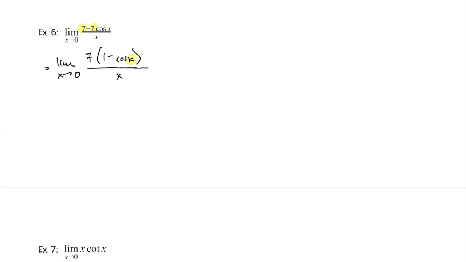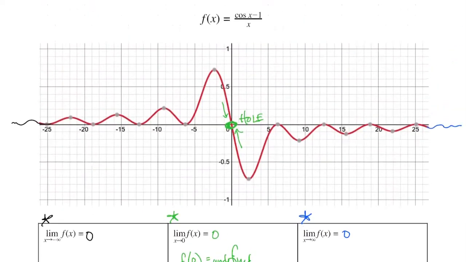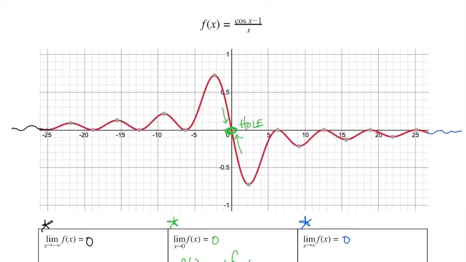I'm taking one step in a direction that's getting me closer to what I want, but I still have 1 minus cosine x, and that is not what we have here, right? Here we have cosine x minus 1.